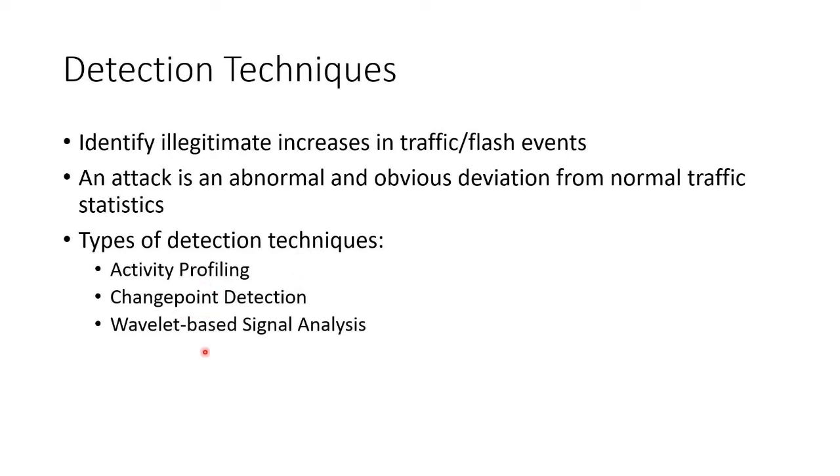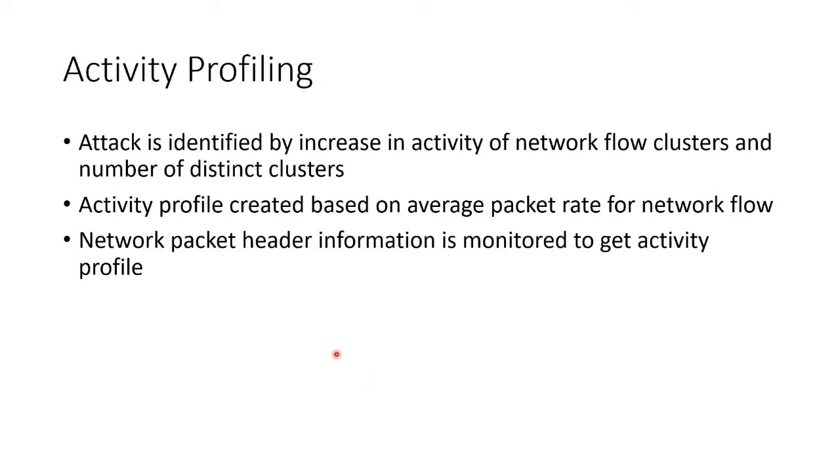We could do something called wavelet-based signal analysis. I'm going to talk about that in a sec. So activity profiling, we look at what's normal. An attack is identified by an increase in activity of clusters of machines, net flow clusters. And so if we suddenly see little hot spots, we can wonder about that.